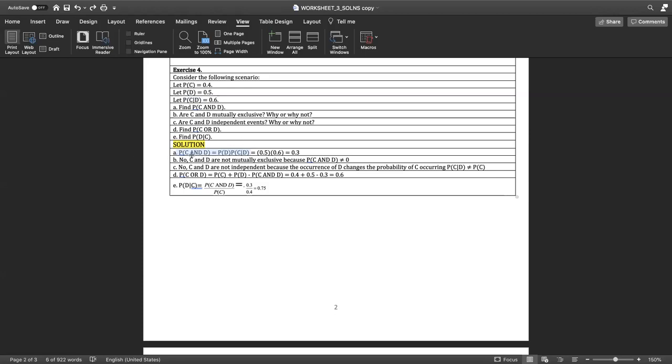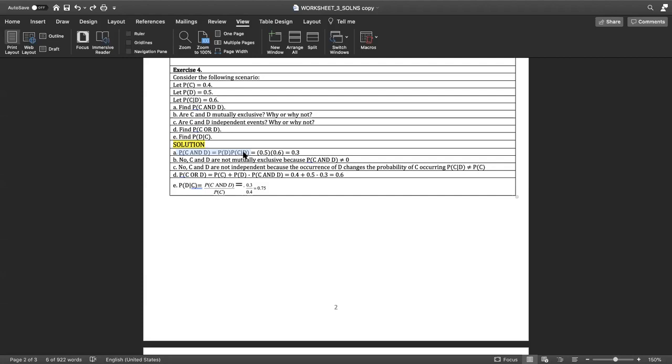Now, if these two events, C and D, are independent, then the probability of C given D, that is the probability of C conditioned on D, will just be the probability of C. That's another way to describe independence.